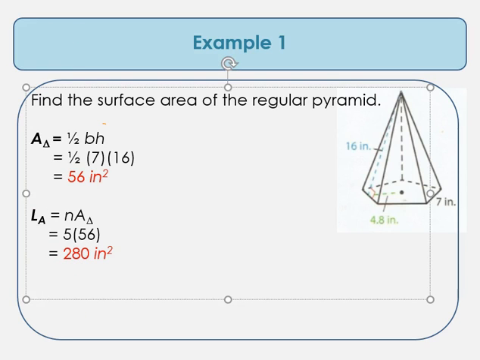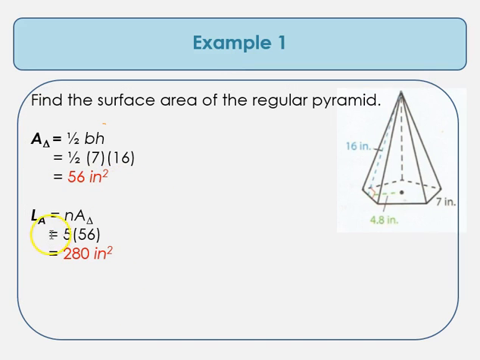Example 1, let's put what we just learned into practice. We're going to find the surface area of the regular pentagonal pyramid. We'll begin by solving for the area of one of the triangles. So the area of the triangle is 1/2 base times height, which is 1/2 times 7 times the slant height length 16, which is 56 inches squared.